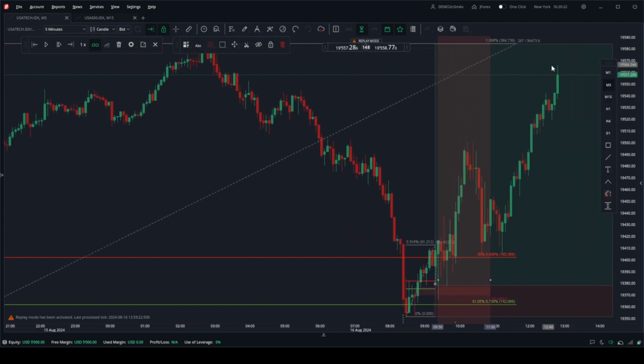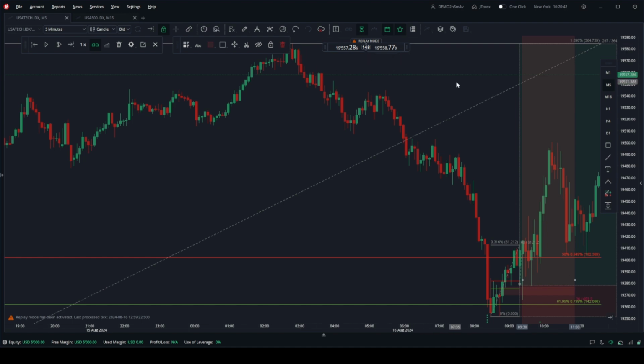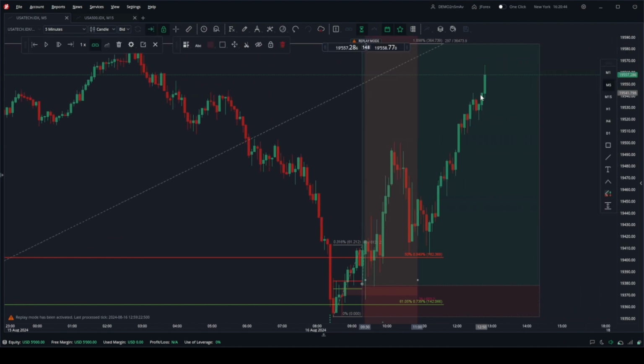After this, I realized that after making this move, the price on US 500 made this and then cleared this high right here, the high of the day. After realizing that, I cut the profit right here, and this was my trade.